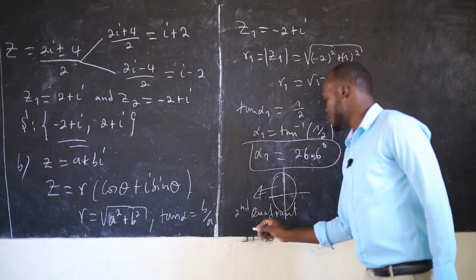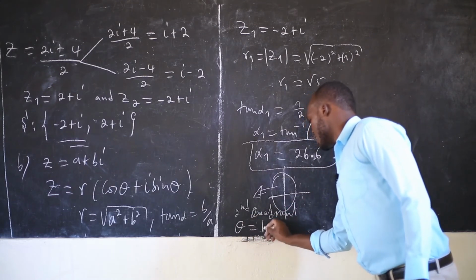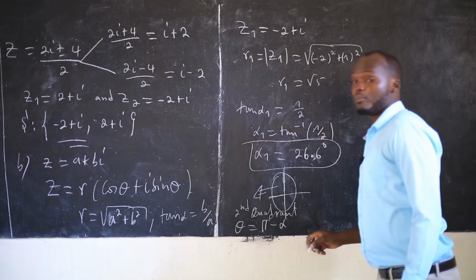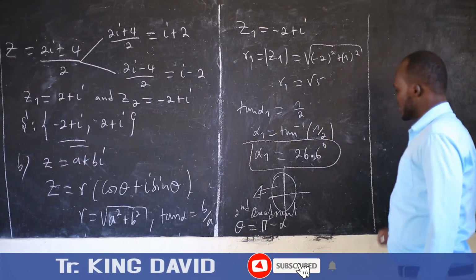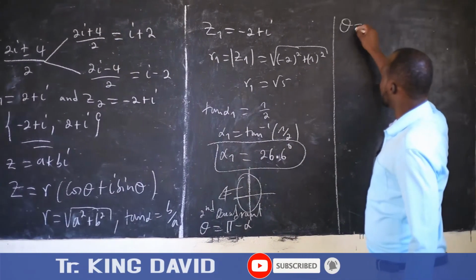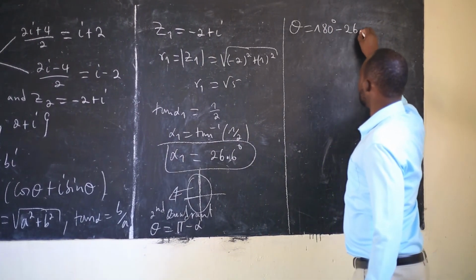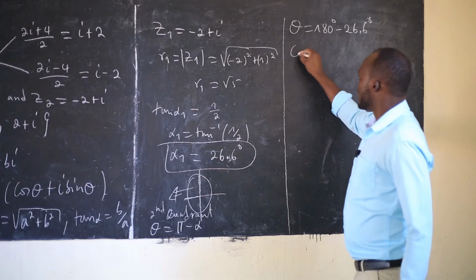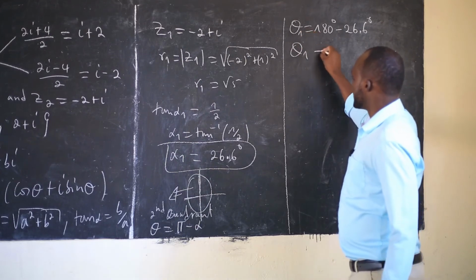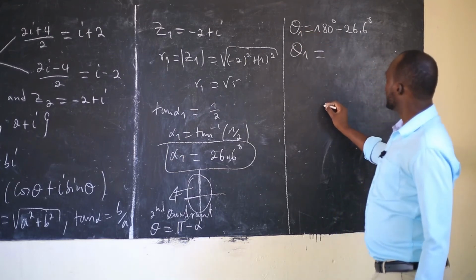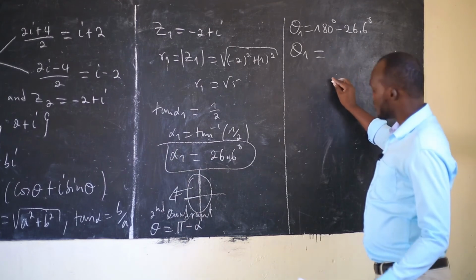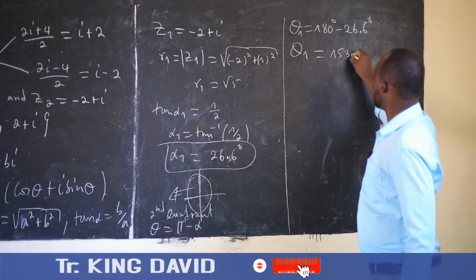And in the second quadrant, angle equals pi minus alpha. Pi is 180. So our angle will be equal to 180 degrees minus 26.6 degrees. Where angle 1, when you use the calculator, you're going to get 153.4 degrees.